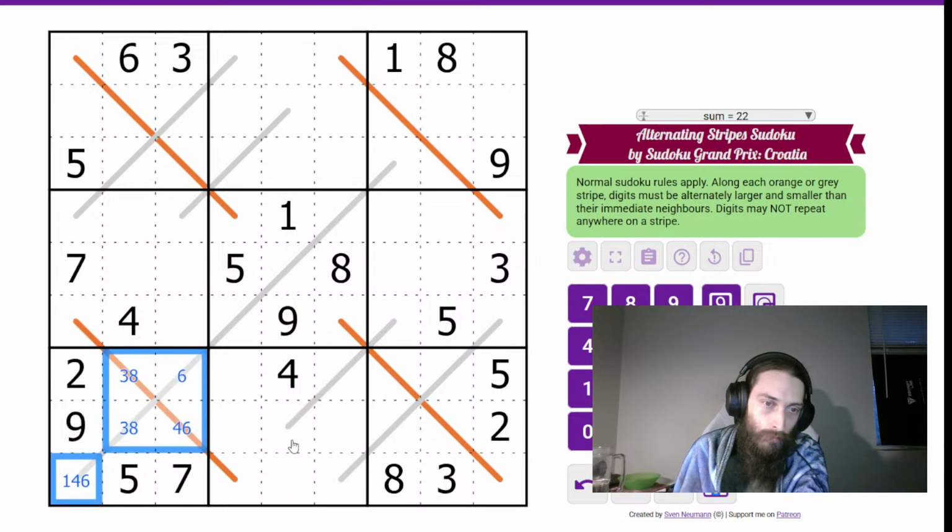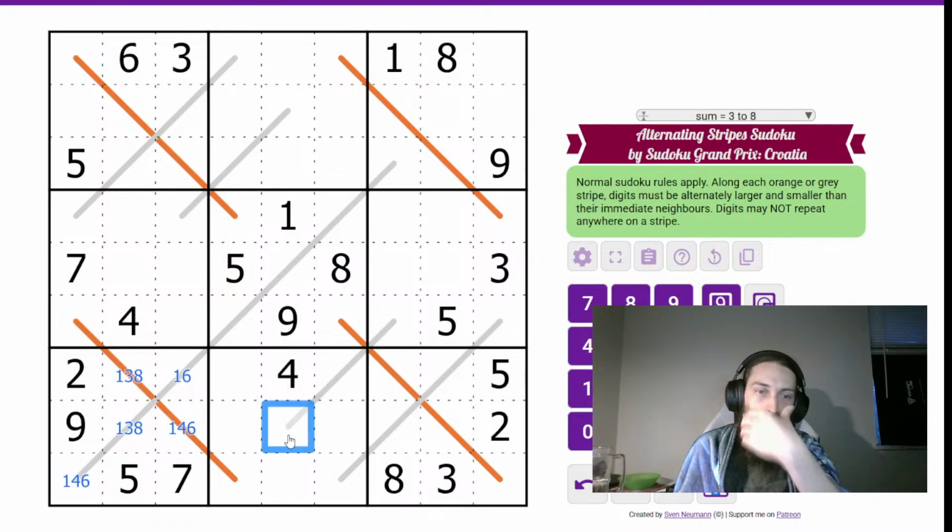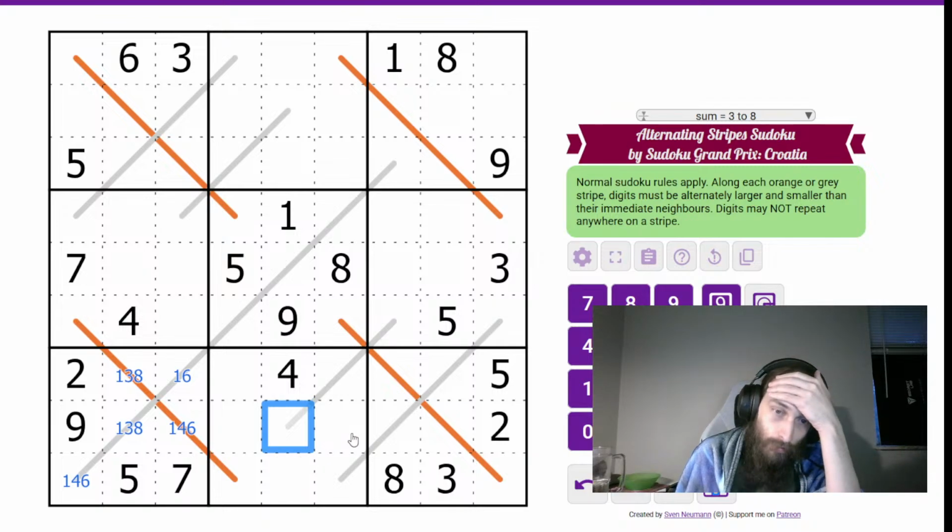Yeah. So I think the wording on the rules, I'm not sure how to interpret.